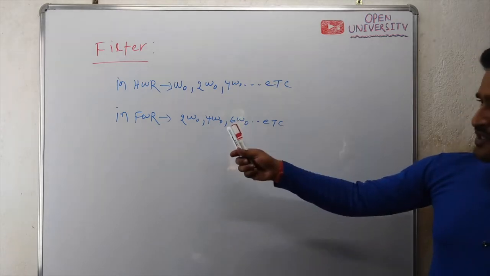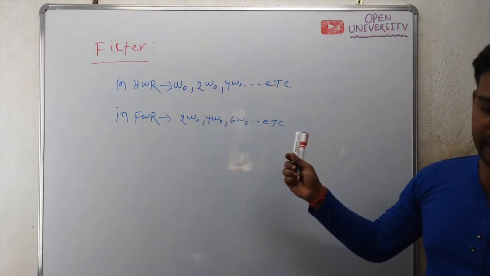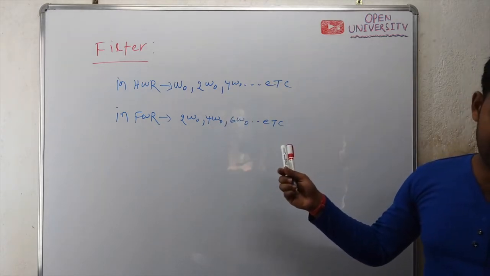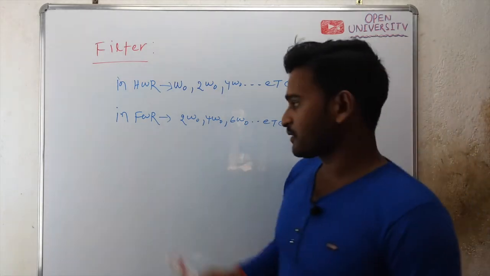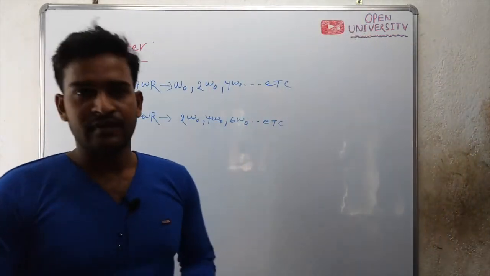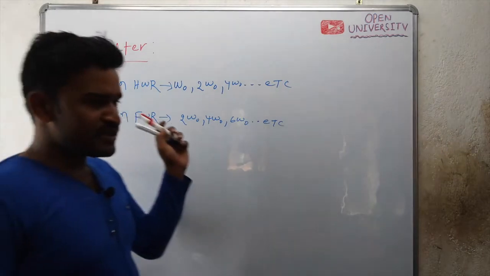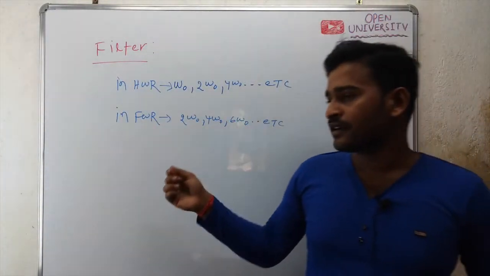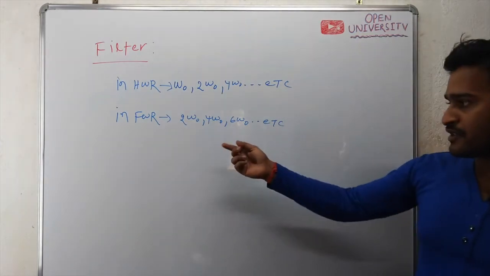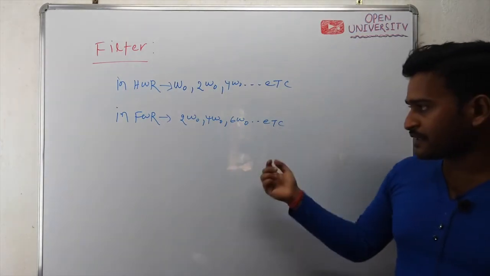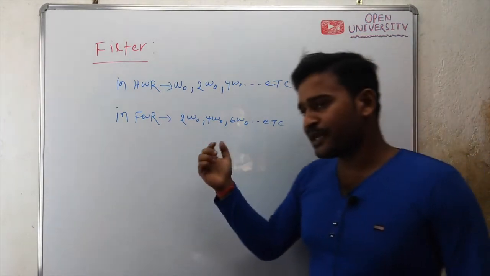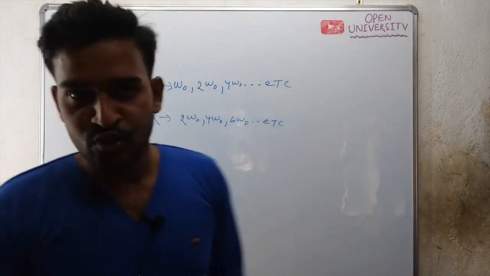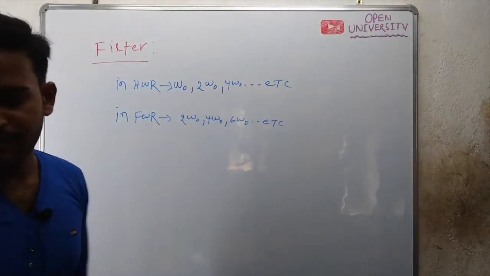Large inductors means some few Henry, and large capacitors means some microfarad or millifarad. In bracket, for large inductor you write some few Henry, and for large capacitor you write in bracket some millifarad or microfarad. Those capacitors are very large capacitors.